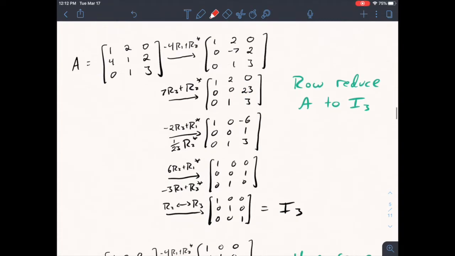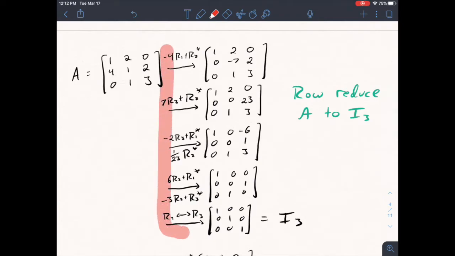And then I am left with this matrix right here. I can get rid of the -6 and the 3 using this 1 in the middle here, get to this matrix, and then I can just swap rows 2 and 3 to get our 3 by 3 identity matrix.